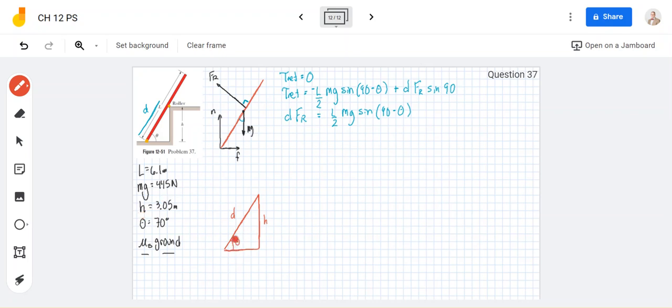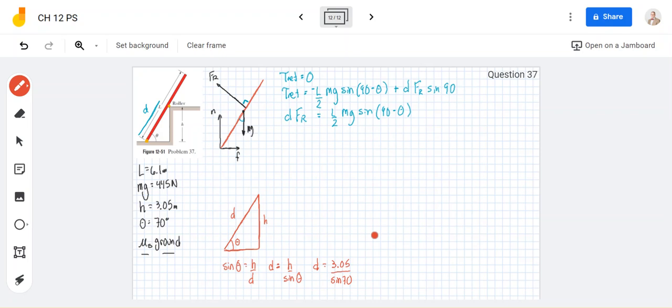So if I want to find my d value, this is the opposite side, this is the hypotenuse. And so the sine of my angle should be the ratio of the h to the d, opposite to the hypotenuse. Therefore, d is going to be h divided by the sine of theta. And luckily, we know both of these, 3.05. We're using 70.